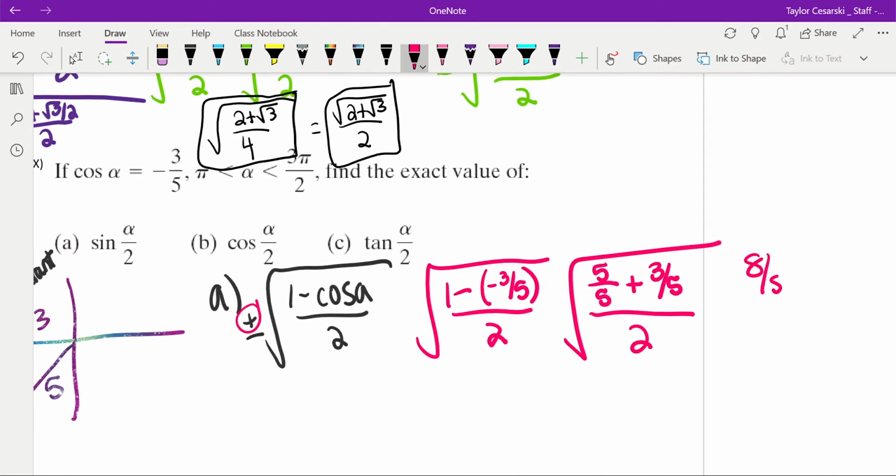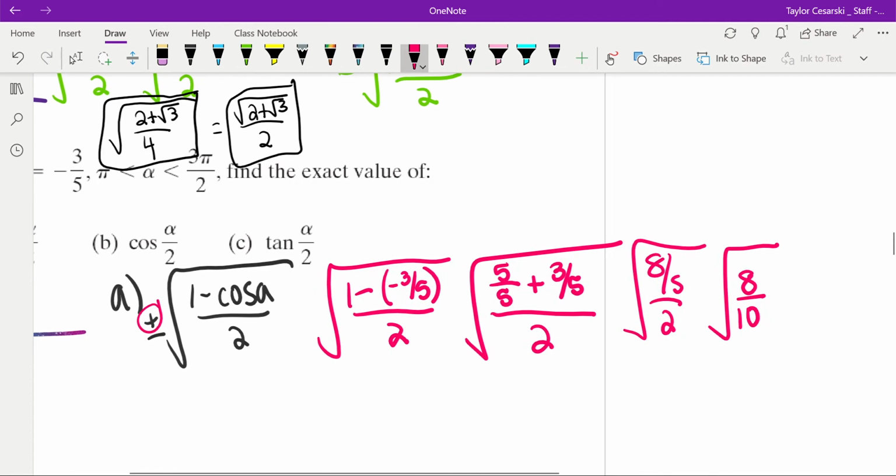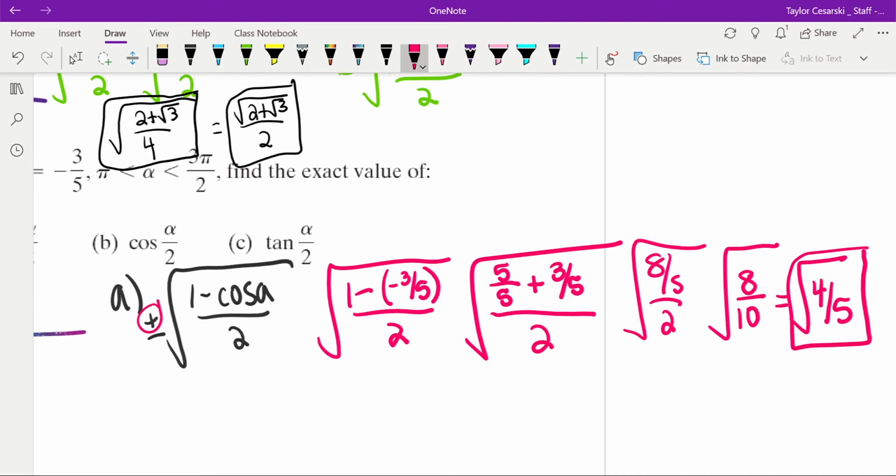So 8/5 divided by 2, and we're still taking the square root of that. So 8/5 divided by 2 is 8/10. Then simplify one more time and I get the square root of 4/5. Okay, so again, you're just using your formula to plug it in.